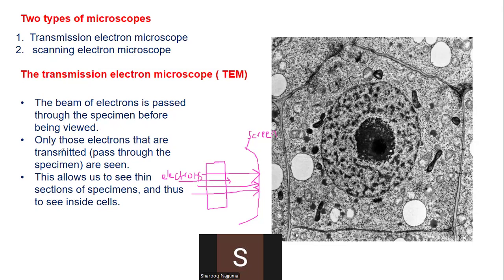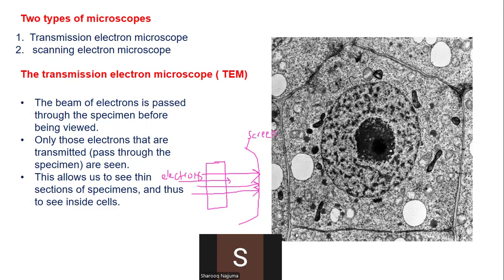Only those electrons that are transmitted, that is why it is called transmission, will fall on the screen and then an image is made. That means that the region where these electrons have been passed is going to be displayed on that screen. So these transmission electron microscopes allow you to see details inside thin sections of specimens. Like an example, this is from a plant cell.